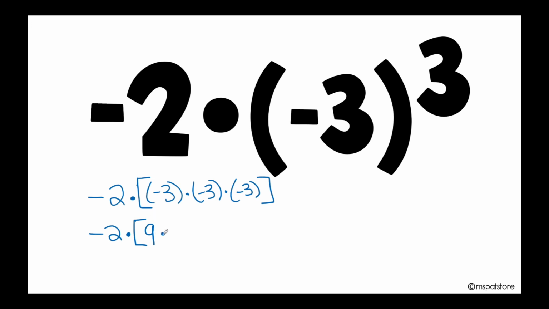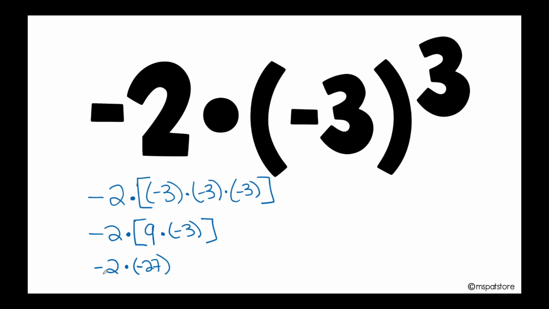So it will be positive 9 times negative 3. Let me close my brackets. Let's bring down this number that I haven't used, negative 2 times 9 times negative 3. Remember that when I am multiplying integers with different signs, my answer will be negative. So I'll put this in between parentheses. 9 times 3 is 27. So it will be negative 27.